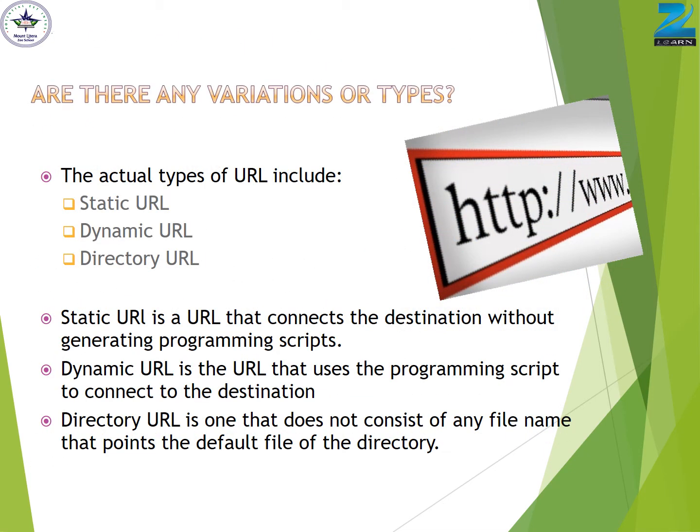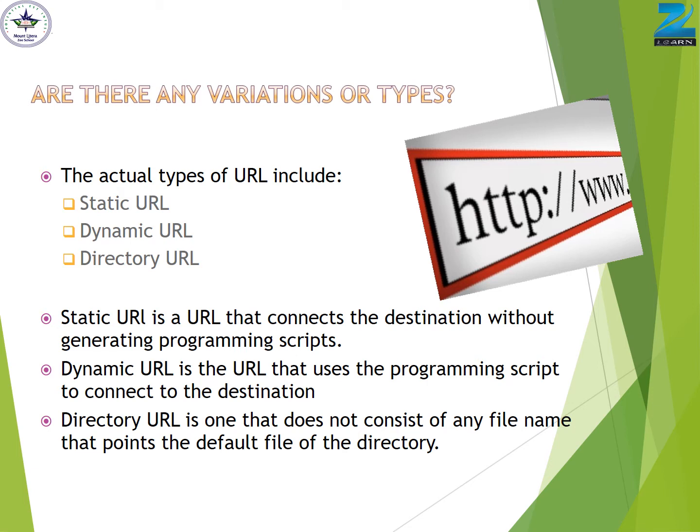Are there any variations or types? Yes, there are many different types of URLs like static URL, dynamic URL, and directory URL. What is a static URL? A static URL is a URL that connects to the destination without generating programming scripts. If we copy that URL into the address bar directly, we can locate that page. No scripting or programming is required to locate it. But a dynamic URL is a URL that uses a programming script to connect to the destination.